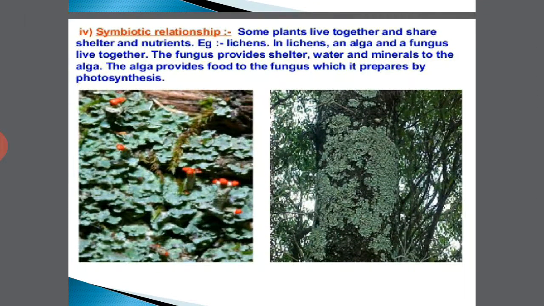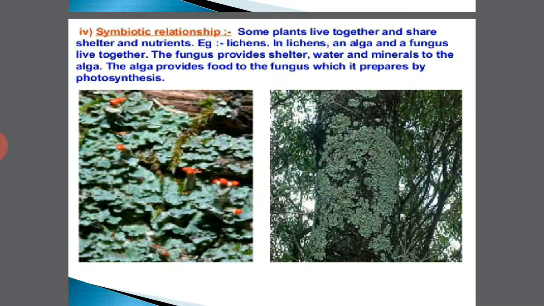Symbiotic relationship. Some plants live together and share shelter and nutrition. For example, lichens. In lichens, an alga and a fungus live together. The fungus provides shelter, water, and minerals to the alga. The alga provides food to the fungus, which it prepares by photosynthesis.